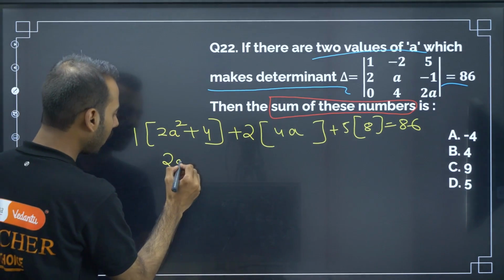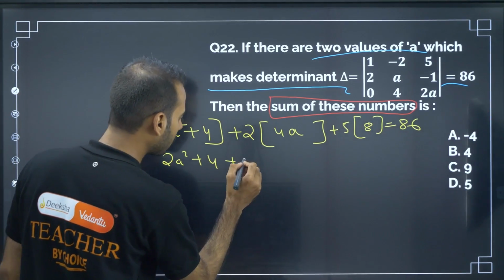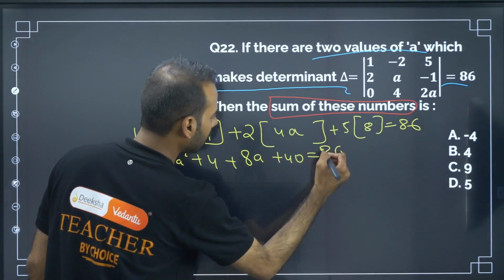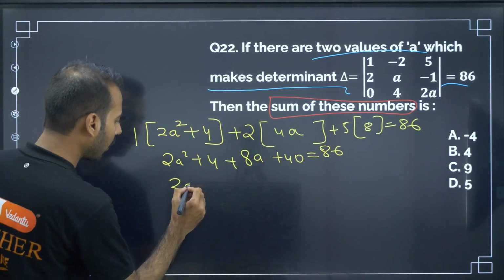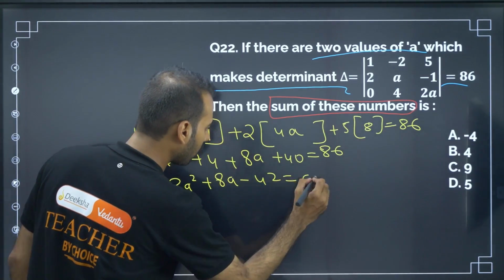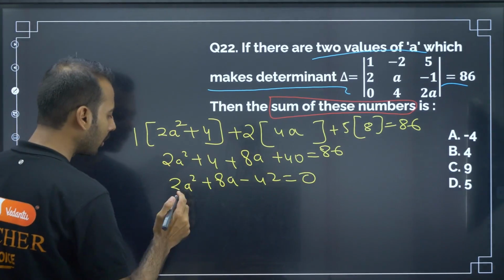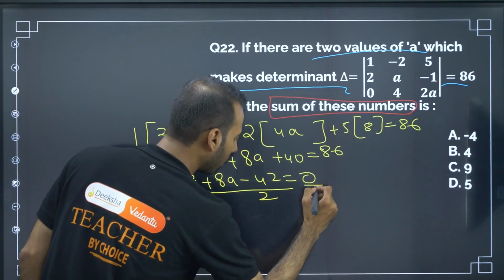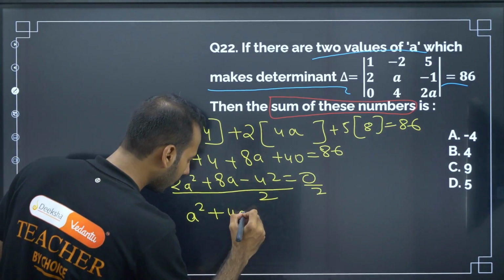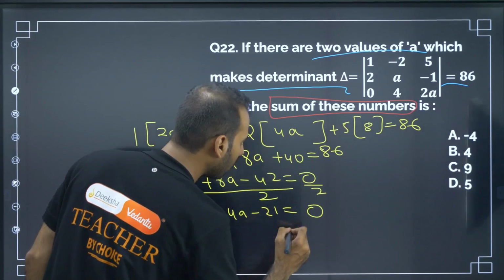Now 2a square plus 4 plus 8a plus 40 is equal to 86. Next 2a square plus 8a minus 42 is equal to 0. So just I am transposing it, dividing with 2 on both sides. Here we are left with a square plus 4a minus 21 is equal to 0.